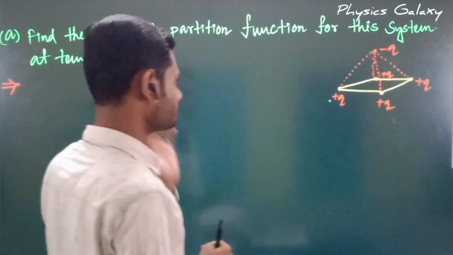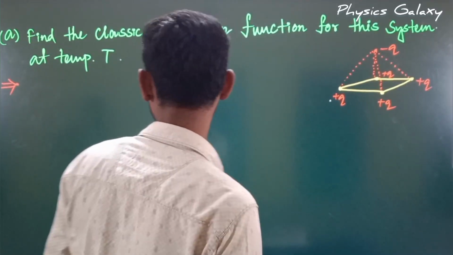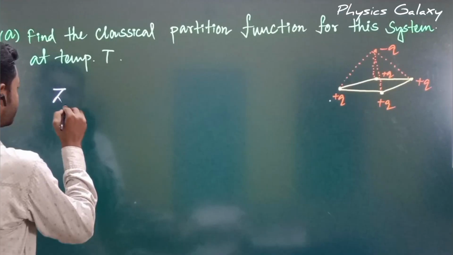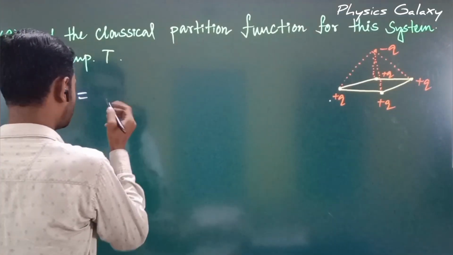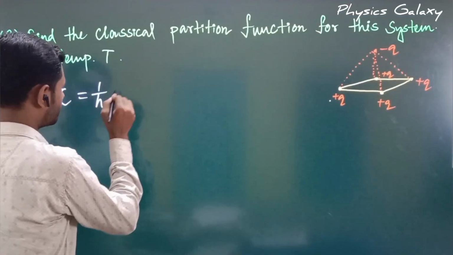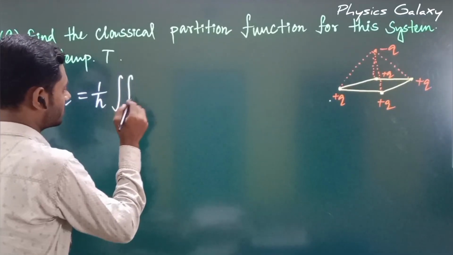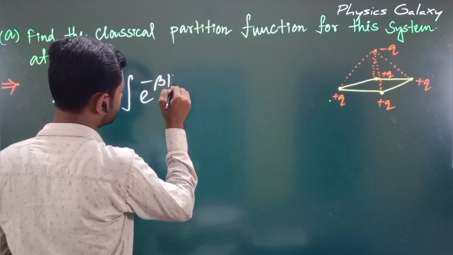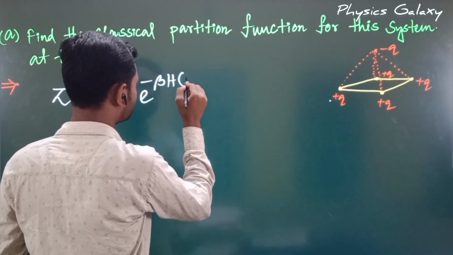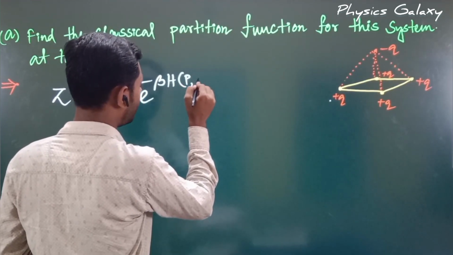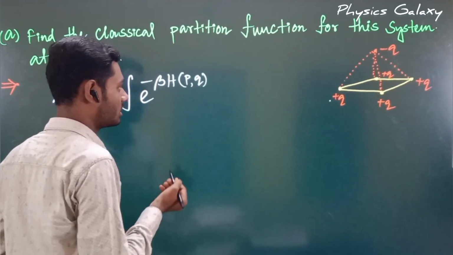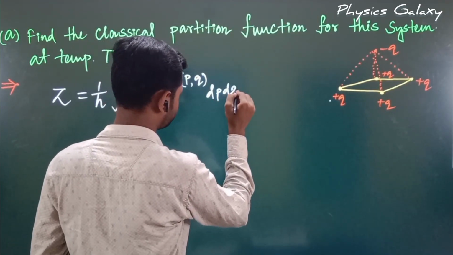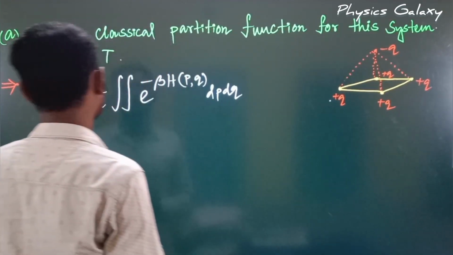Now, we know that the classical partition function Z is equal to 1 by h integral e to the power minus beta H, where H is a function of momentum and generalized coordinate, dp dq.